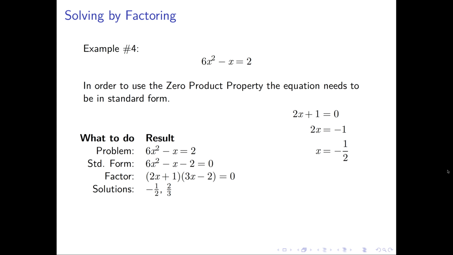And you can do the same thing with the second factor, 3x minus 2. Set 3x minus 2 equal to 0. Solve, and you can see that x equals 2/3. So if you get factors that are not simple x plus 1 or x minus 2 or something like that, this is one way that you can find the correct solutions.